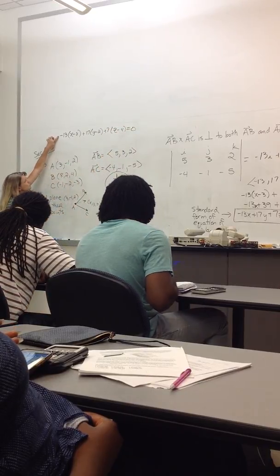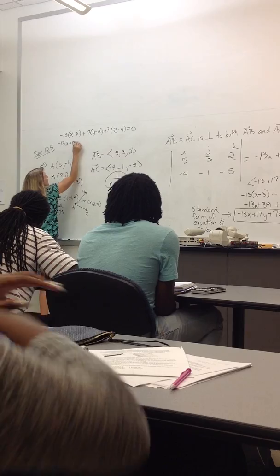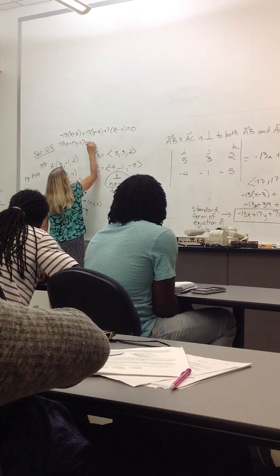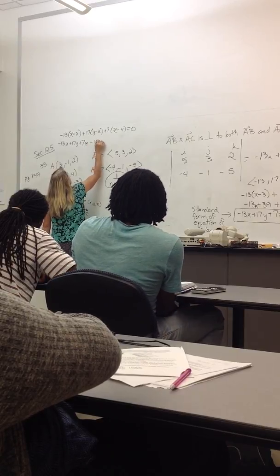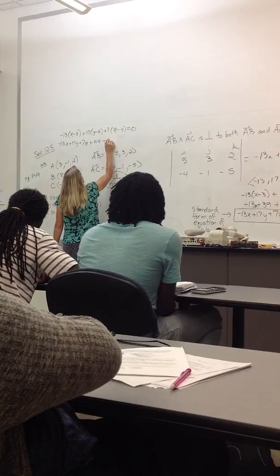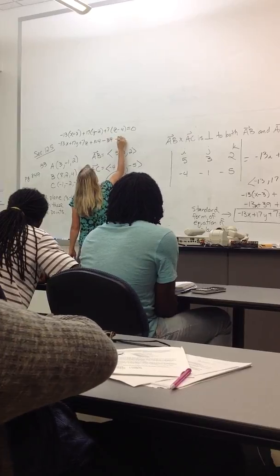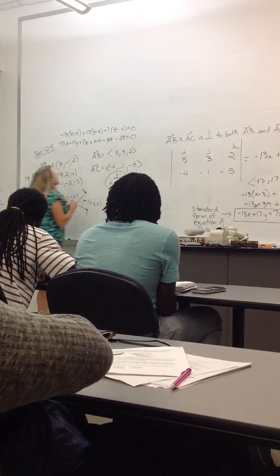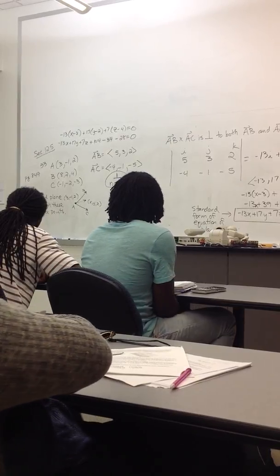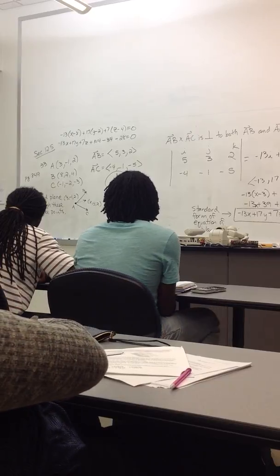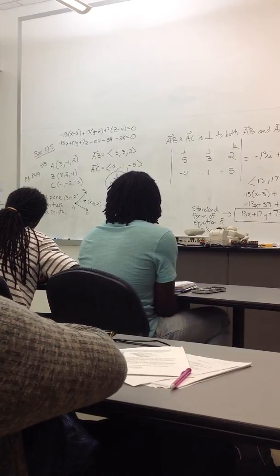then this would have been my initial work, which would have given me -13x plus 17y plus 7z plus 80 plus 24 is 104 minus 30, minus 28, and 34 and negative 28 is 62.